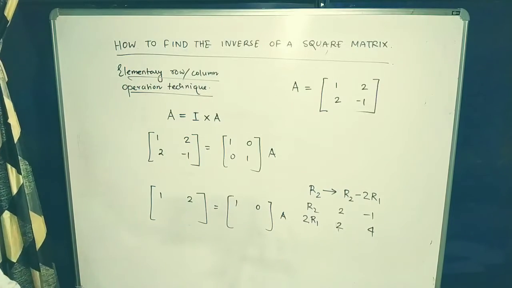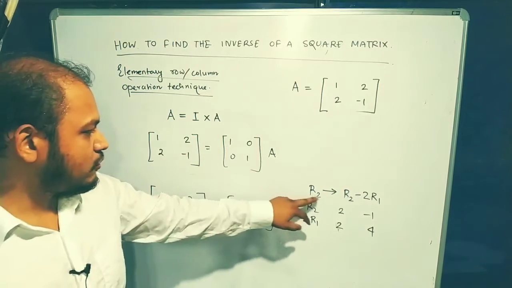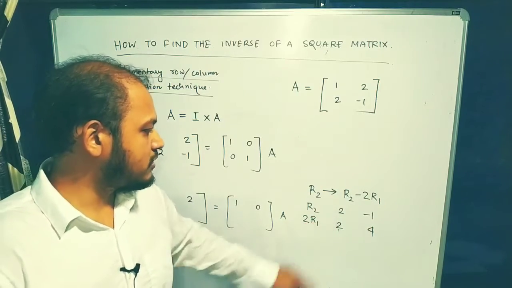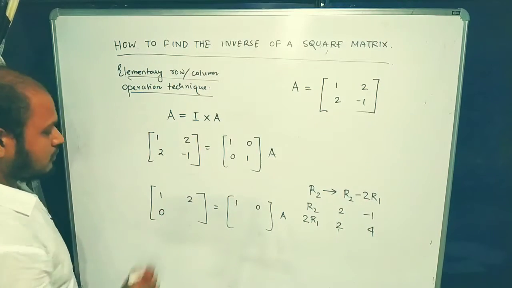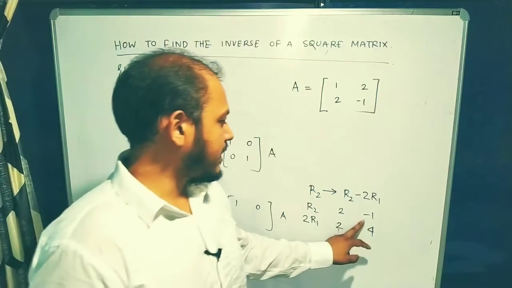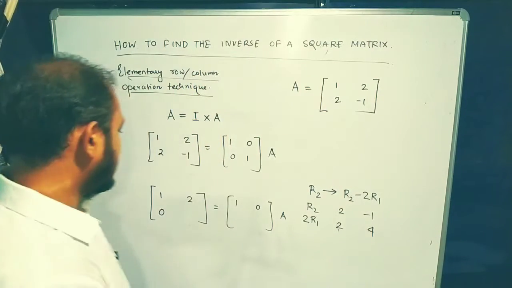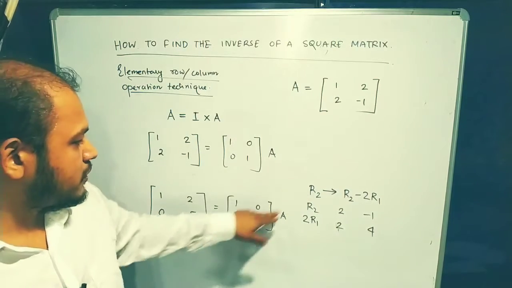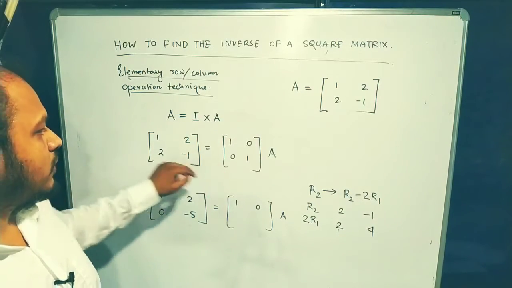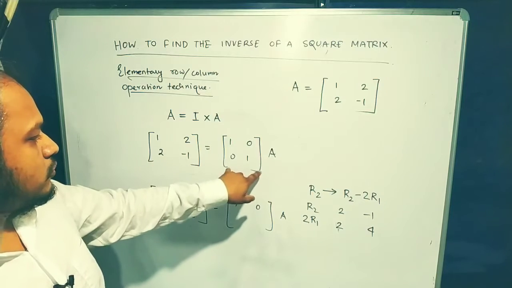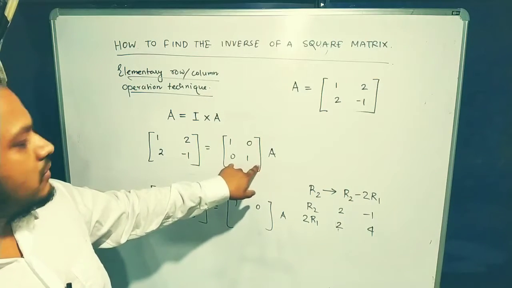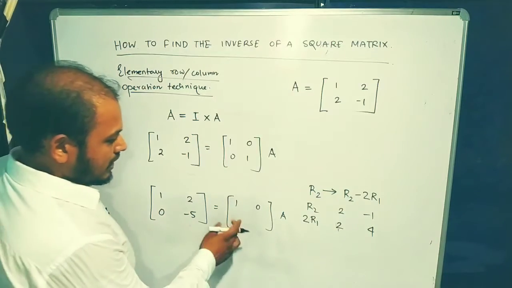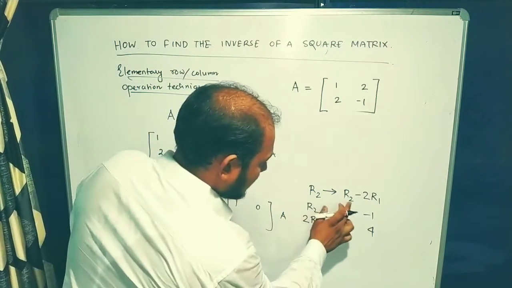Okay, now look at the second row. The second row becomes R2 minus 2R1. So R2 minus 2R1 is 2 minus 2, which is 0, and minus 1 minus 4 becomes minus 5. In a similar fashion, the same row column operation applies here. Since there is an equal to, whatever operation you do on one side, you have to do the same on the other matrix as well. So R2 becomes R2 minus 2R1.